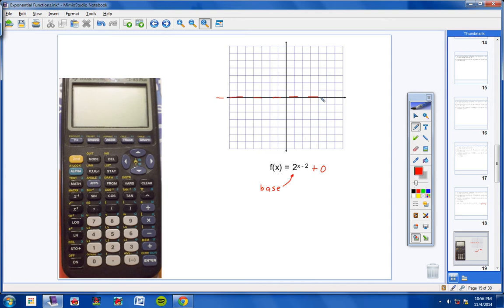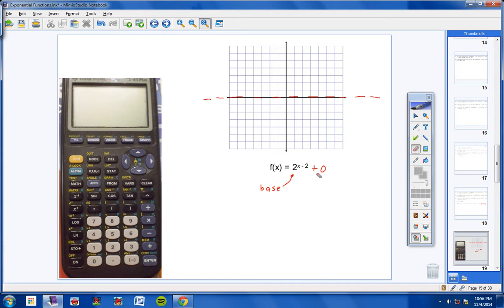Okay? So now you know something about this graph. Now you know the graph will either take place above this line or below this line. Okay? So there's a horizontal asymptote at 0.